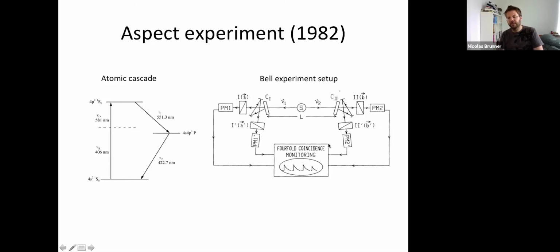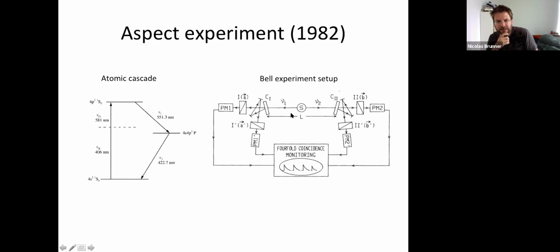So remember that in order to test your Bell's inequality, you need, in principle, to put Alice and Bob in a space-like separated regime, right? So you need to be able to choose which measurement settings to perform. Is it A or A prime? And then you should be able to make this choice almost before the photon has come out of the source, right?